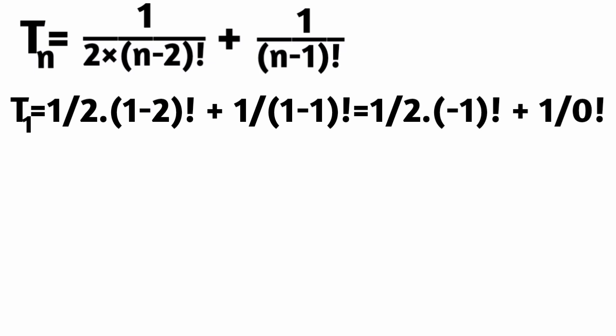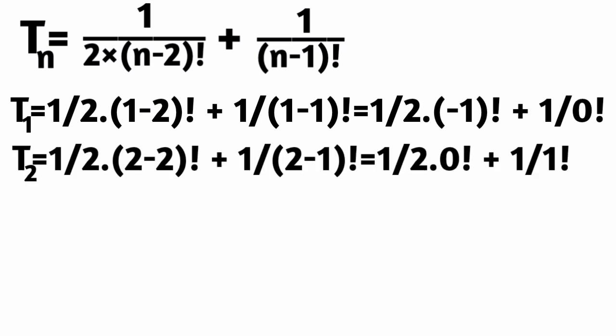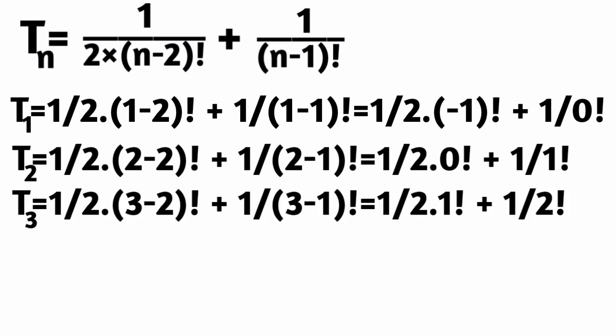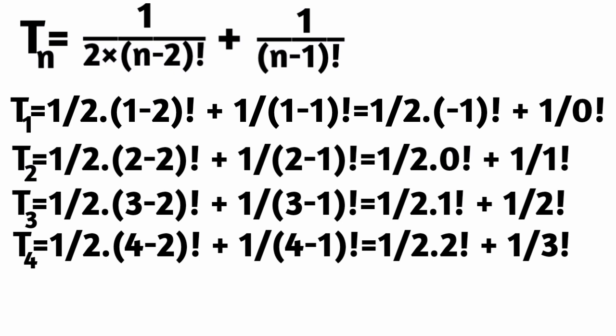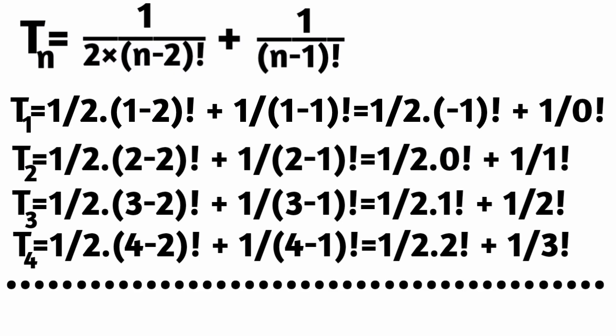Here the first term t1 is equal to 1 by 2 into factorial 1 minus 2, plus 1 divided by factorial 1 minus 1, which on simplification gives 1 by 2 into factorial minus 1, plus 1 divided by factorial 0. And similarly for the next terms t2, t3, t4, till the infinity term.